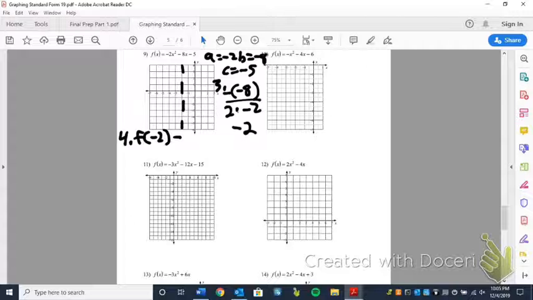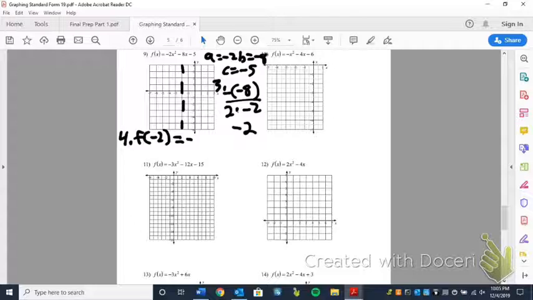I actually graphed it without marking it as step 4. I realized that later on and go back and change the steps. So step 5, which I have inconveniently marked as step 4, is find the value of f of negative b over 2a. So here, where we found that negative b over 2a equals negative 2, now we find f of negative 2.